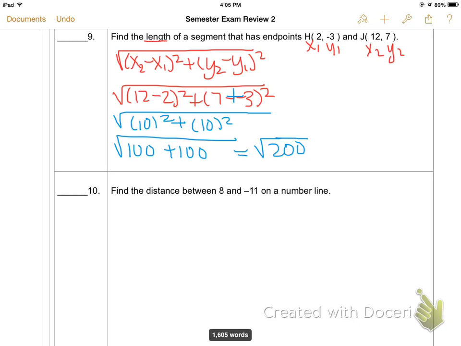You can leave your answer like this, that's fine, but if you need to reduce it, you can say the square root of 200 is the square root of 2 times 100, and that's the same thing as saying the square root of 2 times the square root of 100, which is 10 square root of 2.